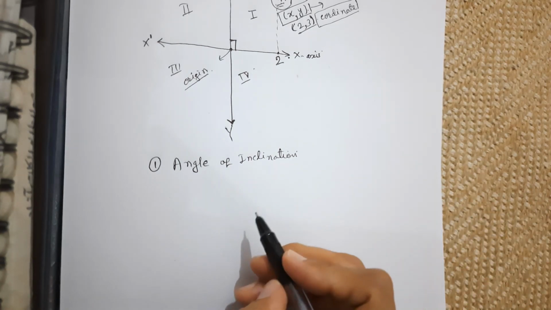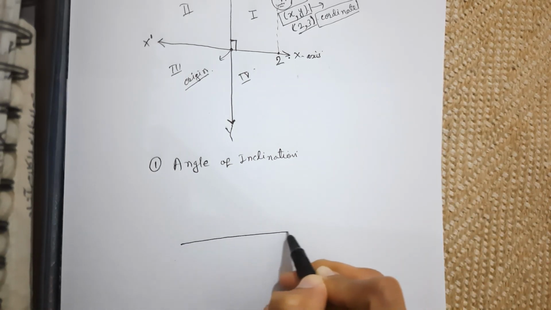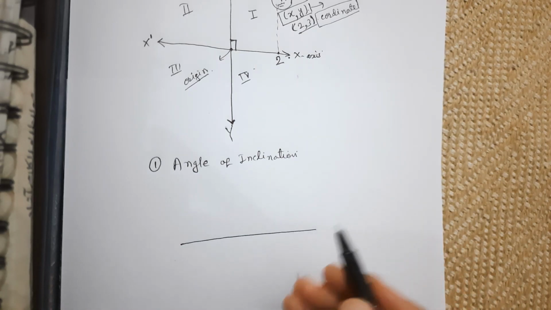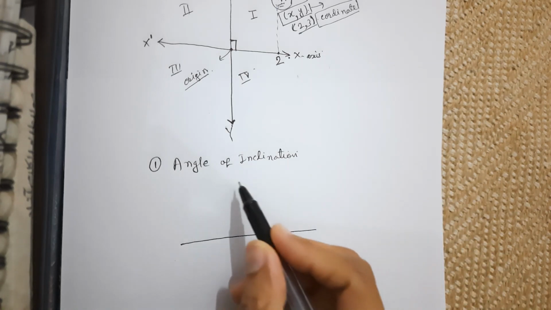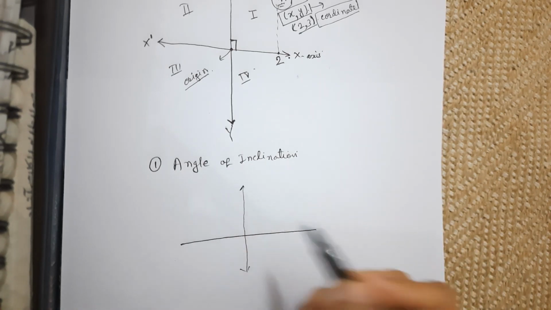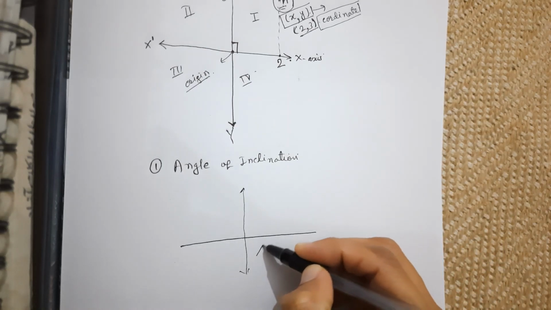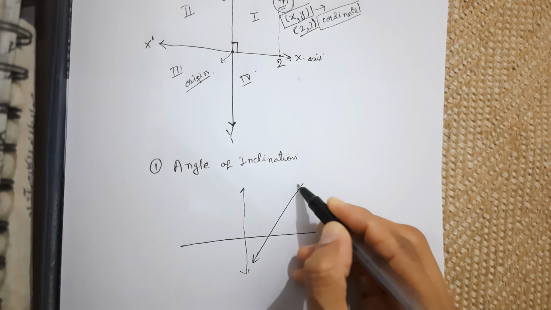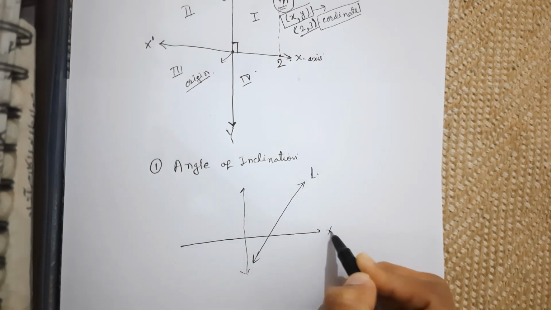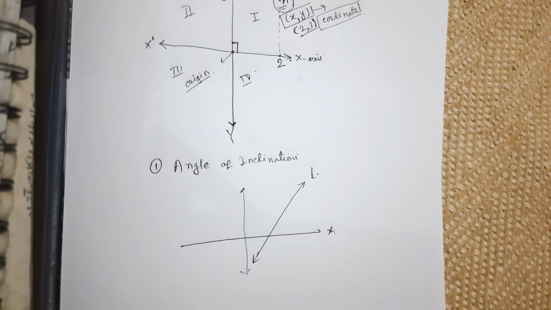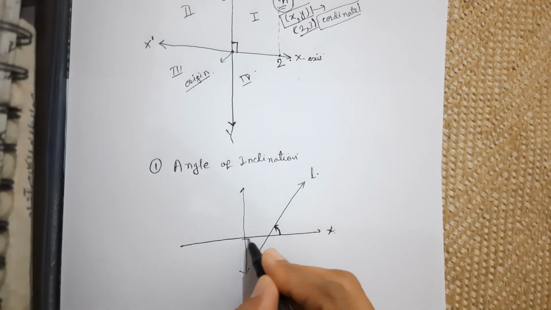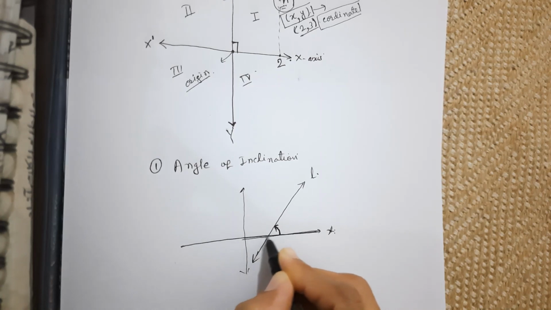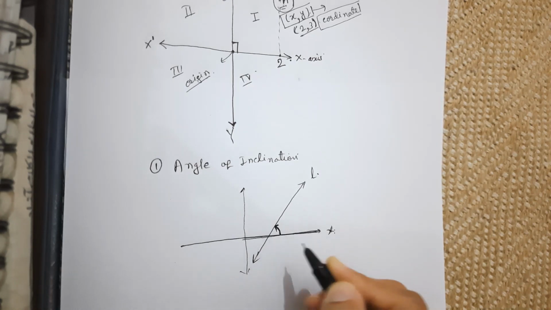So suppose I have a horizontal line or x-axis and a straight line cuts this x-axis not at a 90 degree angle, because if it cut at 90 degrees it would become the y-axis. So suppose some line L cuts the x-axis like this. The angle of inclination is an angle which is measured from the positive x-axis in the anti-clockwise direction.